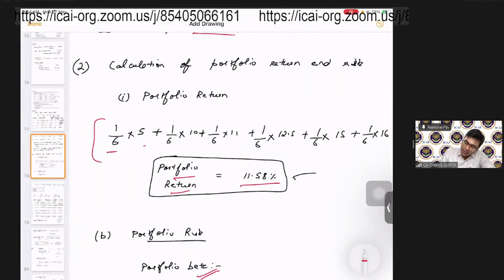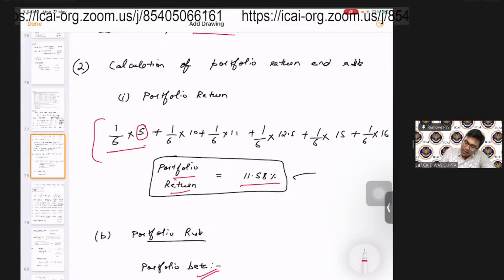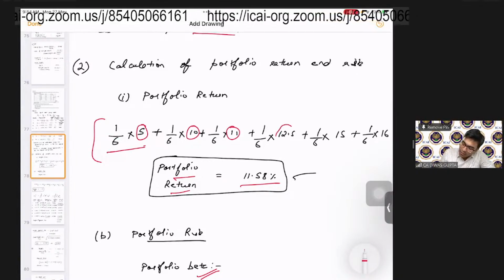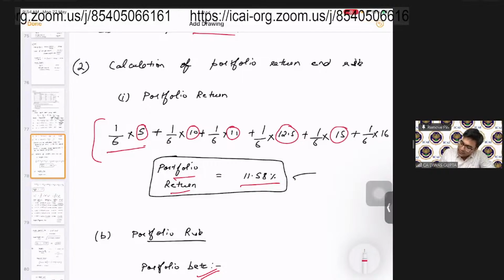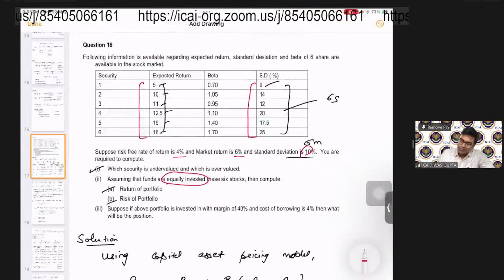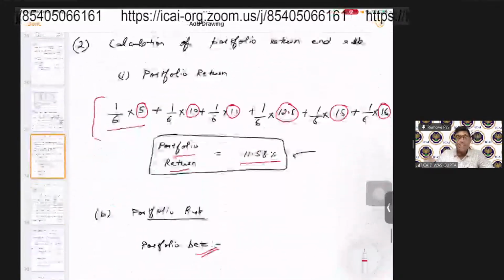1 by 6 into 5 you have taken as a weight, no? No, this 5, 10, 11, 12.5 is actually the return that is given in the question. But weight is 1 by 6.